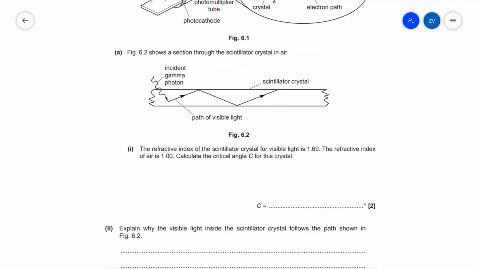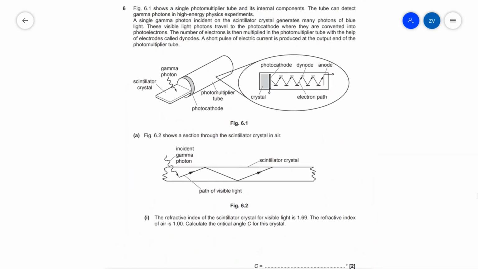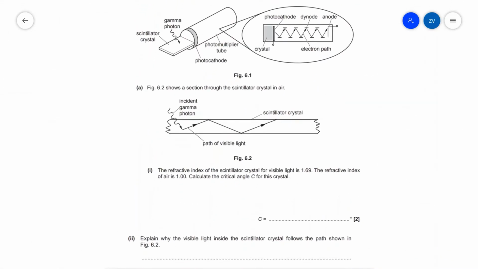Okay, well, as we know, the sine of the critical angle, so sine of C, is equal to 1 over the refractive index of that substance. So this is the formula which we are given in our formula sheet.